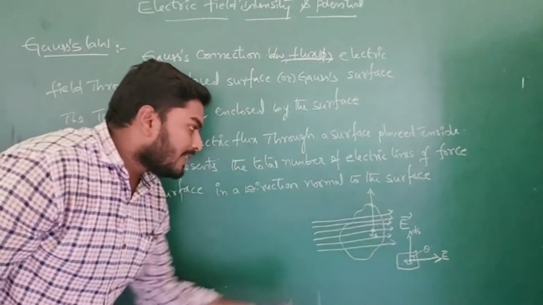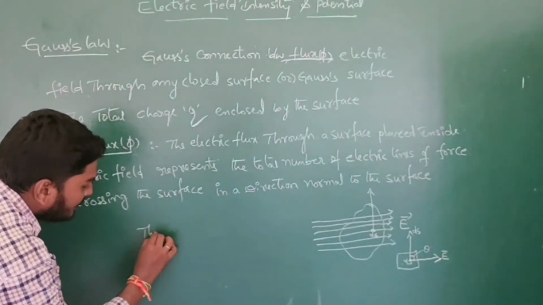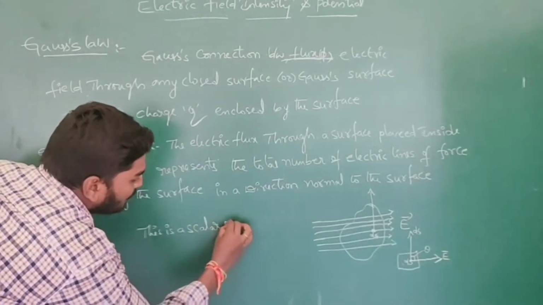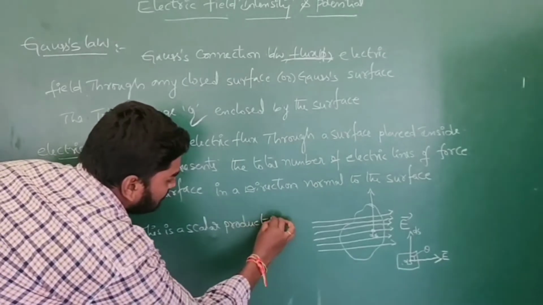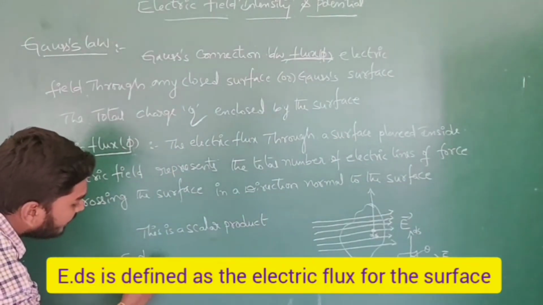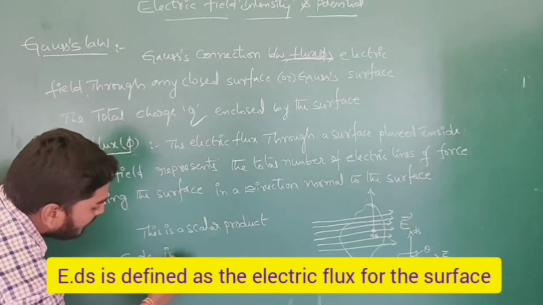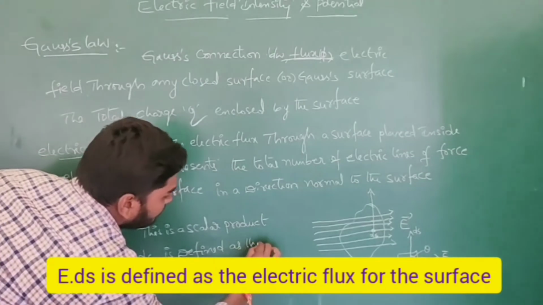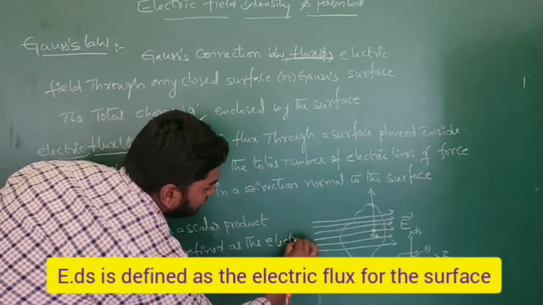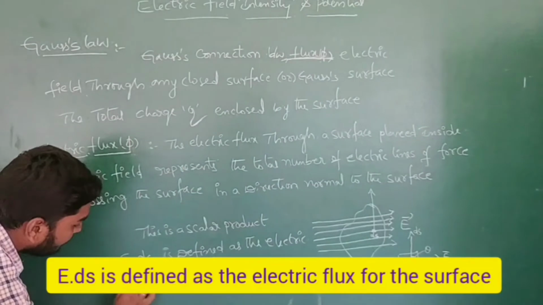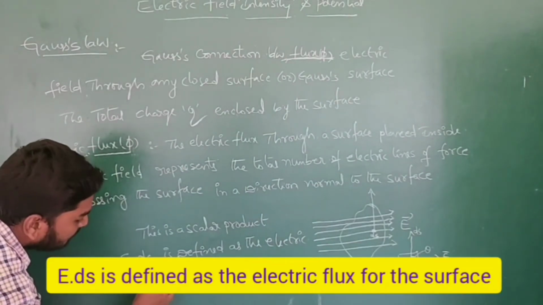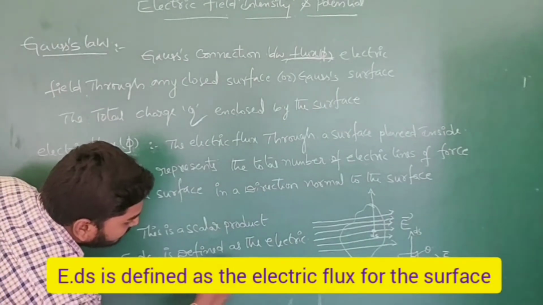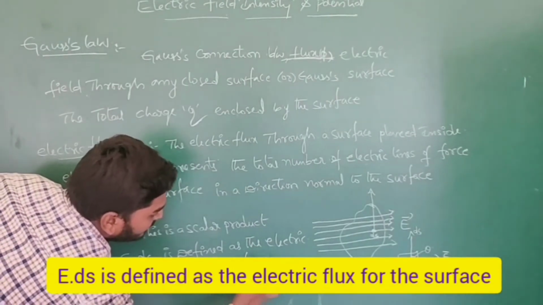The electric flux is a scalar product of E and ds. This is defined as the electric flux phi for the surface.